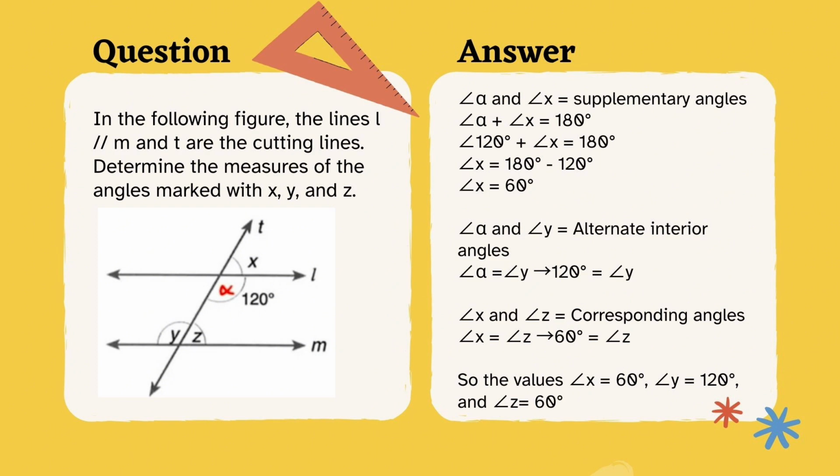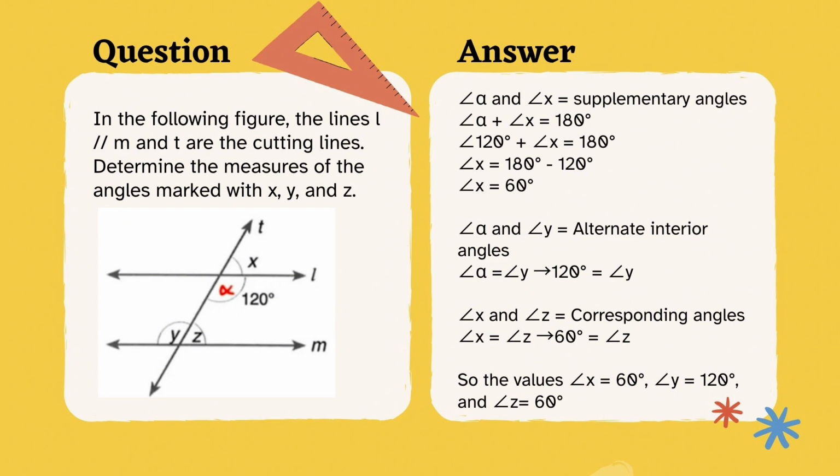x equals 60 degrees. Next, we look at angle alpha and angle y, where angle alpha and angle y are alternate interior angles. The magnitude of both angles is the same, so angle y is 120 degrees.